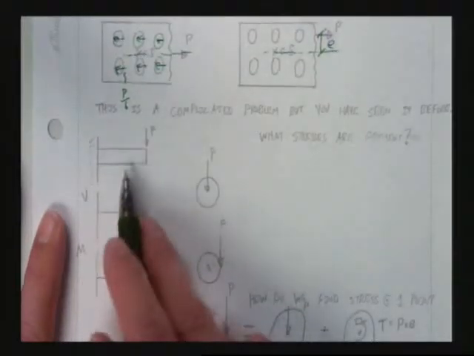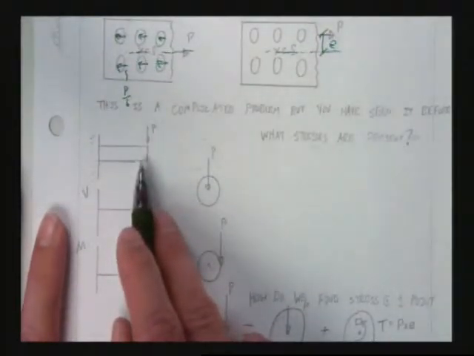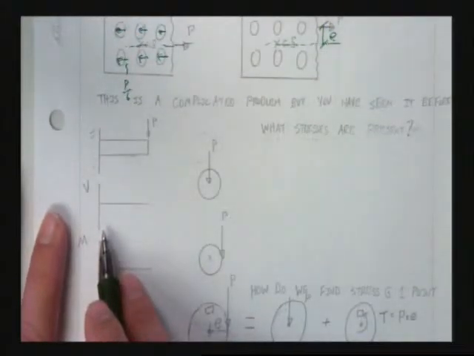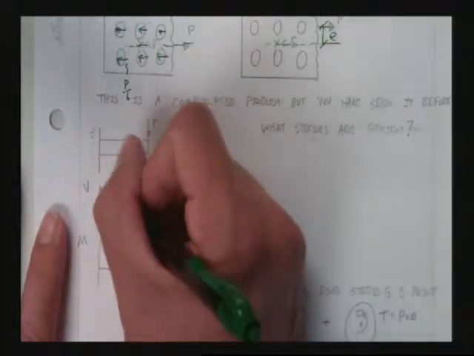Good. So I have load P on my beam. What's my shear diagram going to look like? Is it 0? Is it triangular? No. It's constant all the way across.